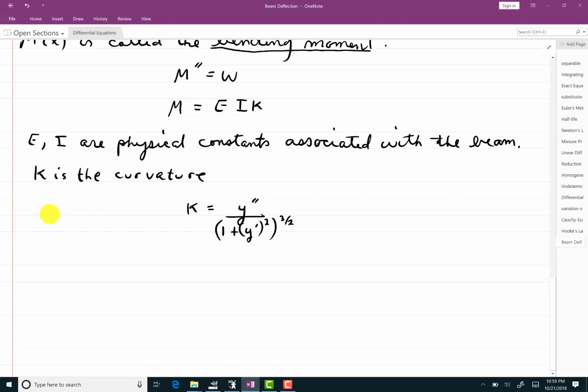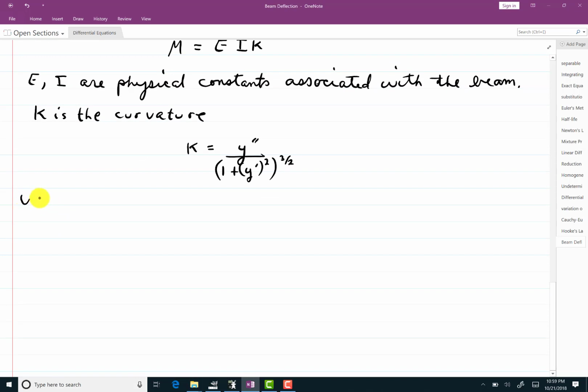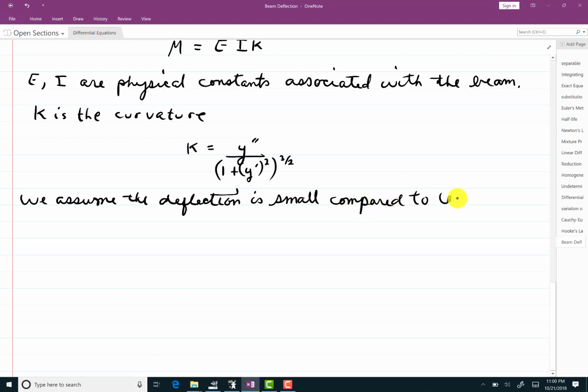Now throughout, we're going to assume the deflection is small compared to the length of the beam.